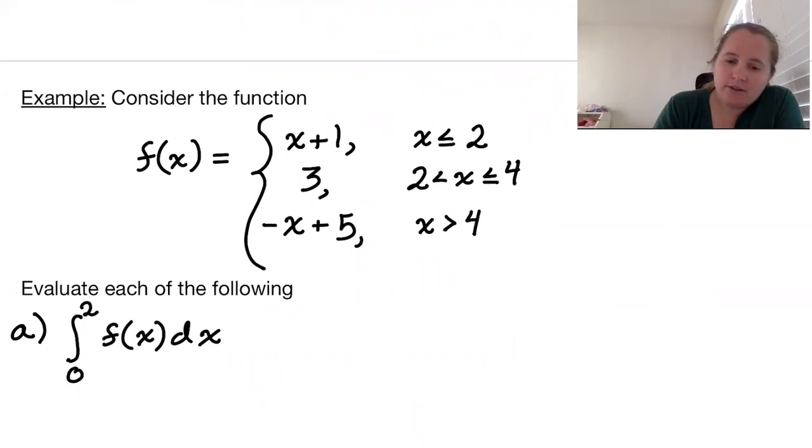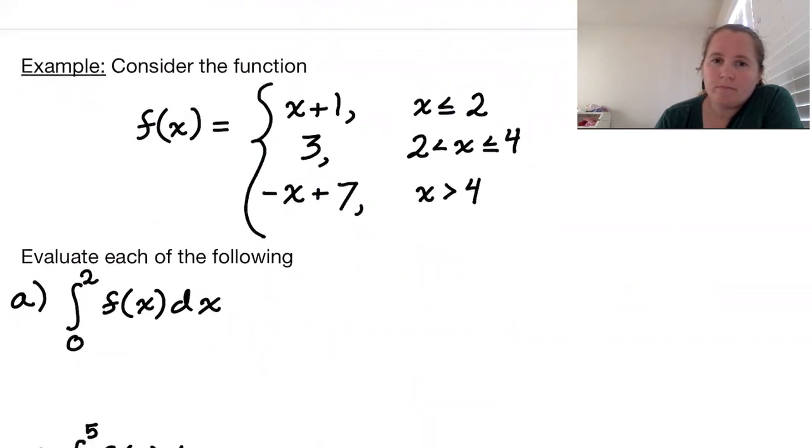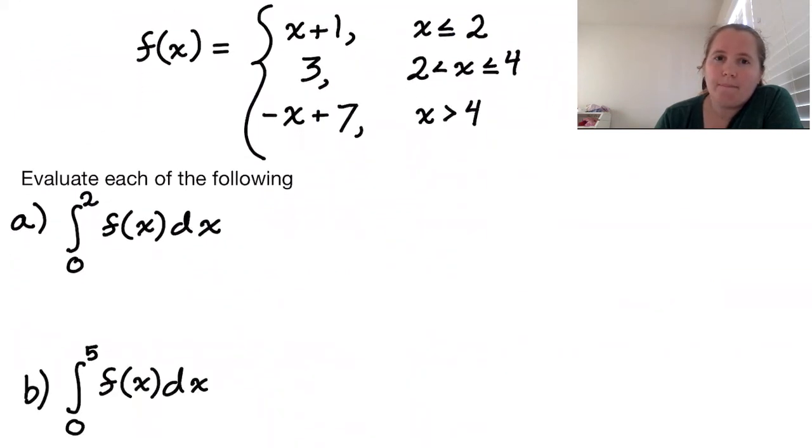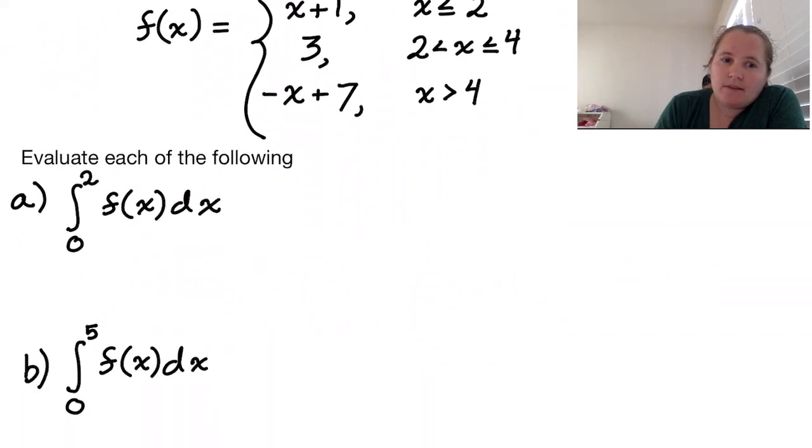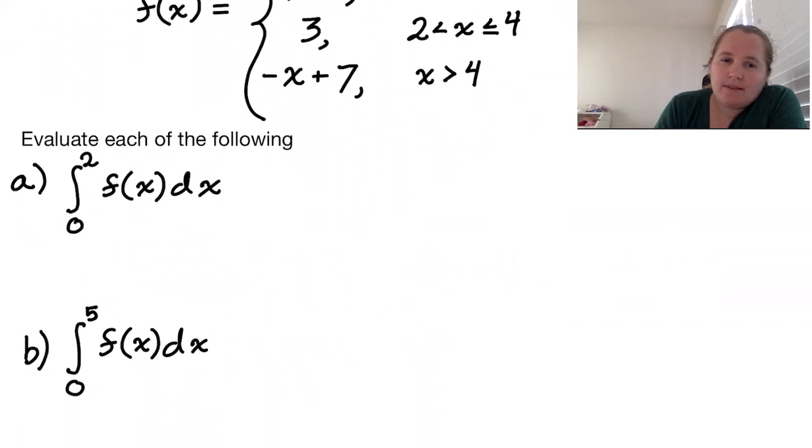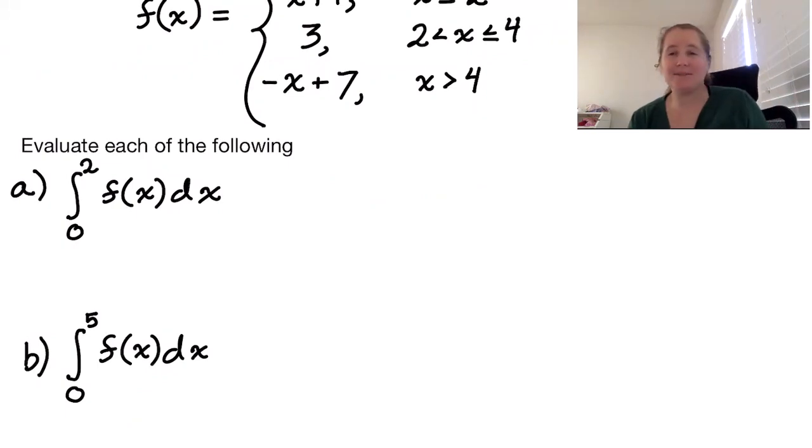It should be negative x plus 7. I was trying to make it continuous, but wasn't paying attention. So negative x plus 7 for x greater than 4. Okay, I'm going to pause and re-edit this. I apparently was doing 2 problems at once when I wrote this.